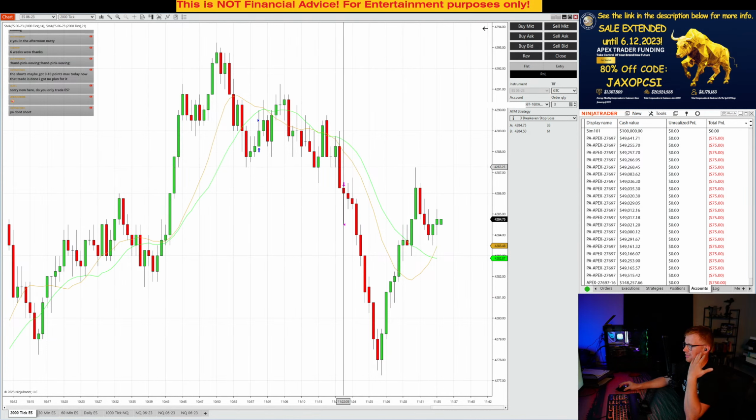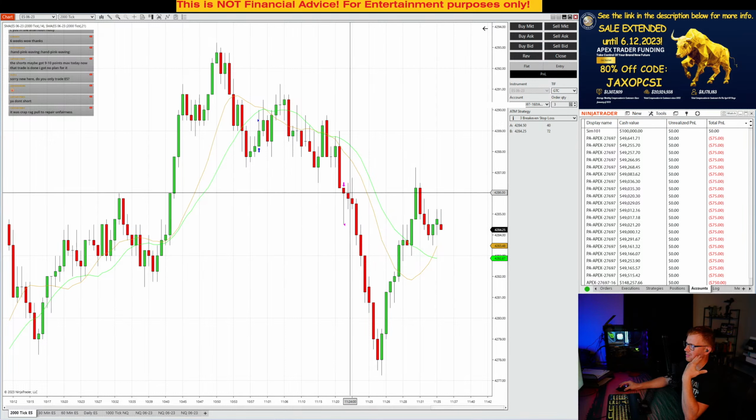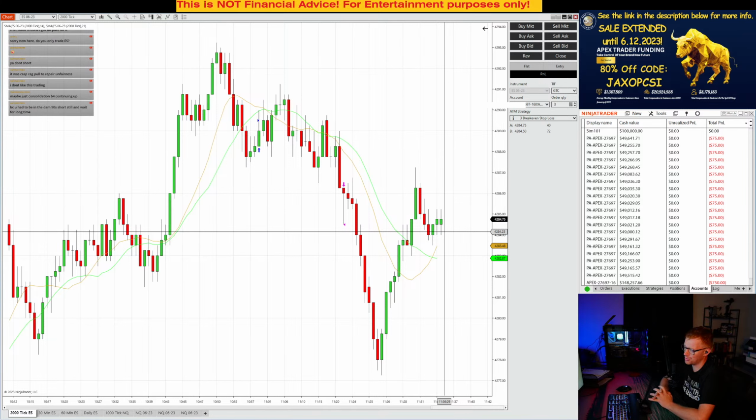But it's one of those things where it's like, hey, I'm in a trade, I'm going to give it plenty of room to move. And it feels like you can't win. It feels like a lose-lose situation either way, where I think the biggest thing is I need to just stick to whatever I'm comfortable with, stick with it, and the heck with it. Stop second guessing myself on everything. I feel like I'm definitely doing that.